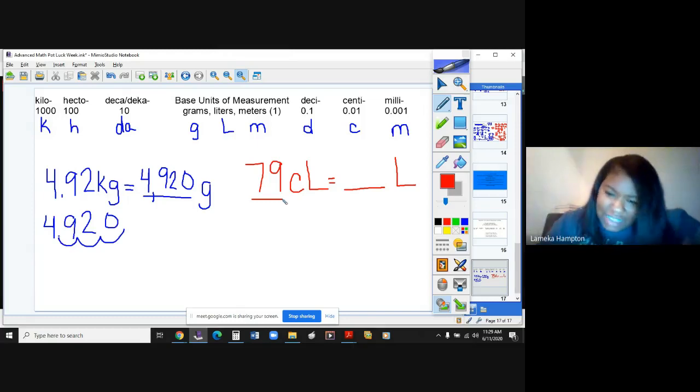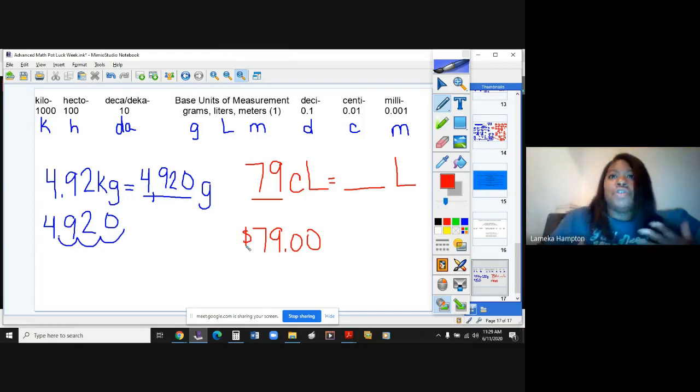That's it. Remember, with whole numbers, your decimal is going to be behind the ones place. We always think about money. If you ever have trouble remembering, think about somebody writing a check out to you, or you getting a paycheck. So that's where my decimal is.